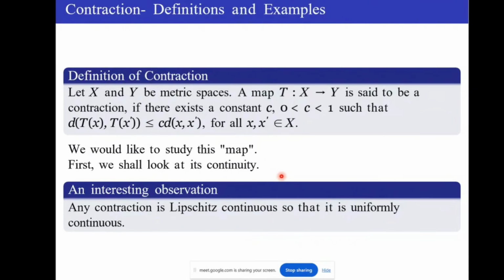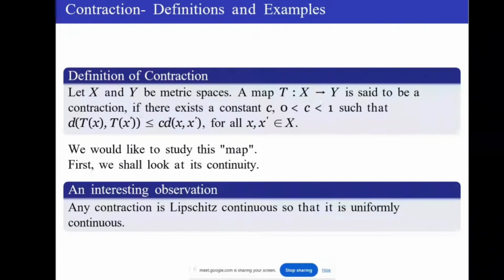And we know that in a metric space, if a function satisfies Lipschitz continuity, it is uniformly continuous, which is a more powerful statement, right? So the map T is uniformly continuous, and hence it is continuous. So we have a very good map in front of us. The results regarding continuity will follow from this.